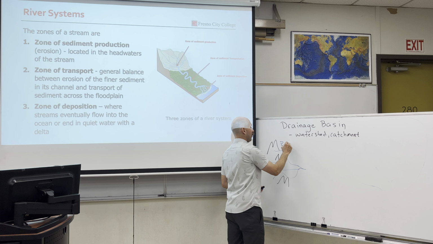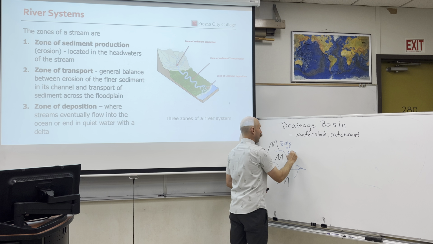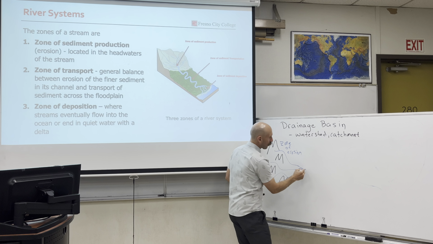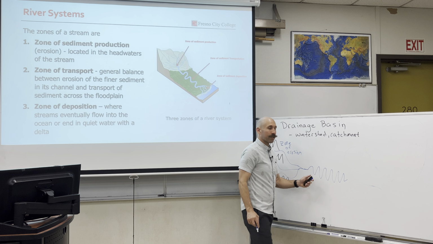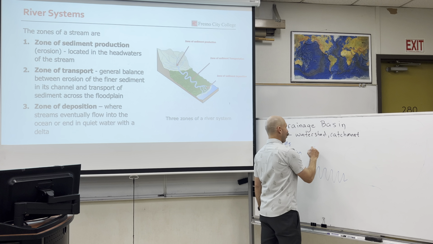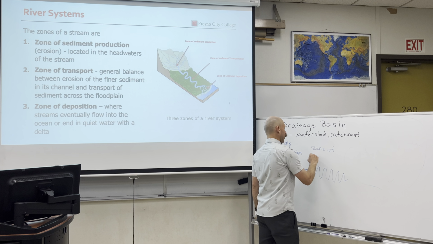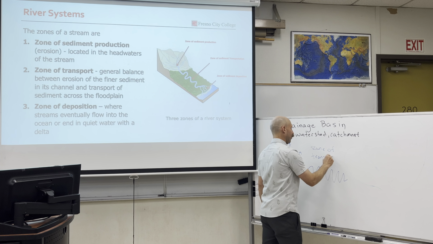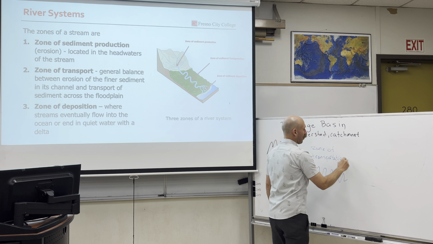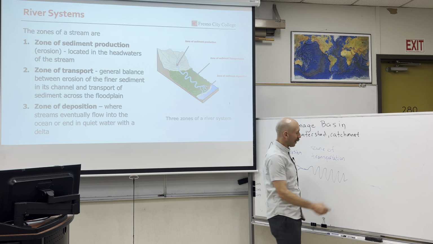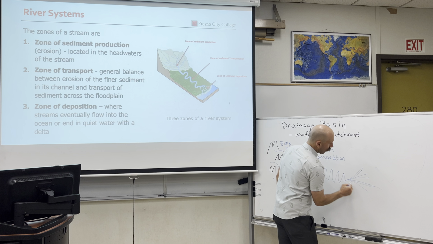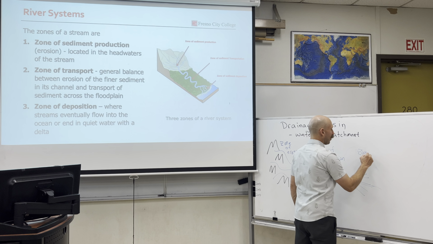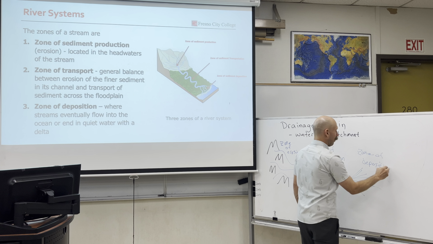This is actually called the zone of erosion. And then rivers will travel, this is a meandering stream, across flatter landscapes, and this is the zone of transportation. And then when the rivers can no longer transport the sediment that they carry, it starts to deposit in alluvial fans or deltas, giving us the zone of deposition.